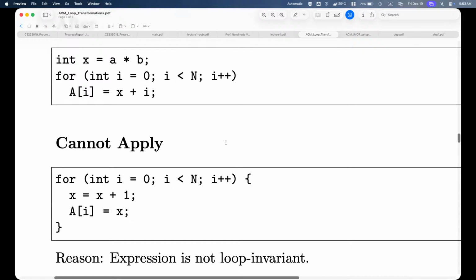L2, single definition. Since it's a single definition, I can replace this X with T1. But here, how many definitions are reaching? Two of them, L1 or L2. Since I don't know which one can reach, I don't want to make a mistake by copying one of them, right?